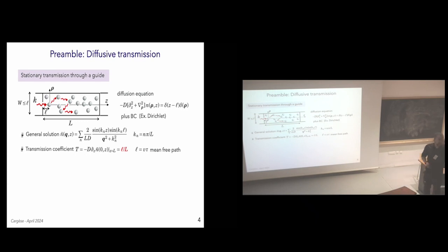And the result is just a ratio of two length scales, the mean free path divided by the sample length. Okay, so this is a characteristic feature of diffusive transport through a disordered region.